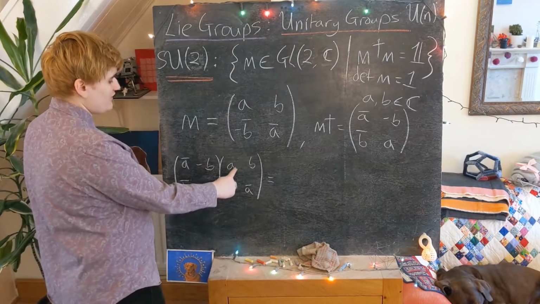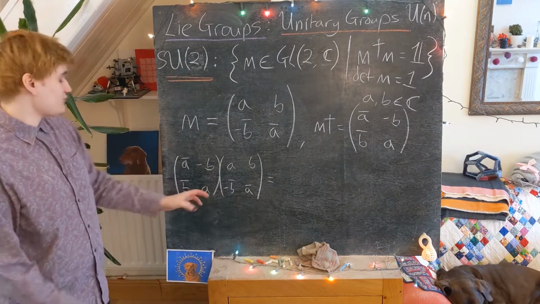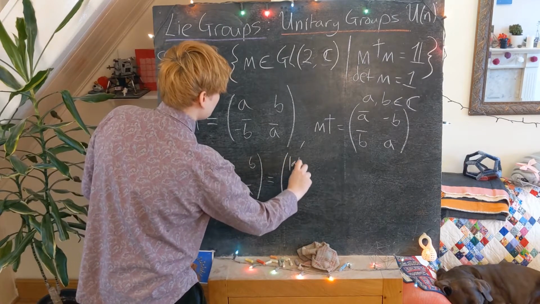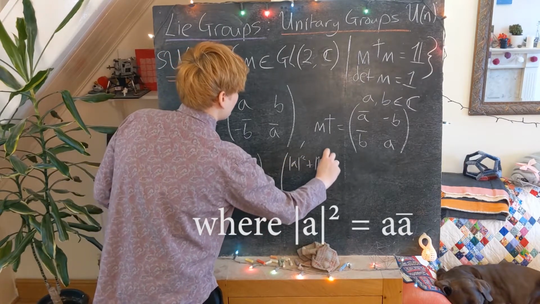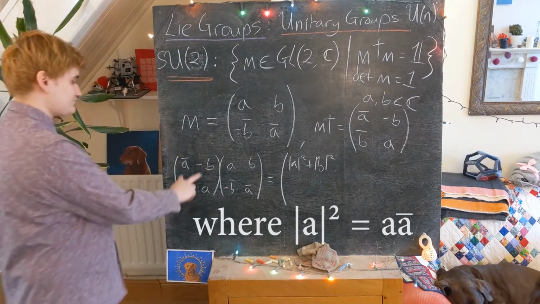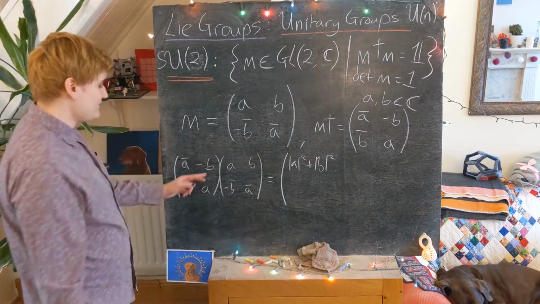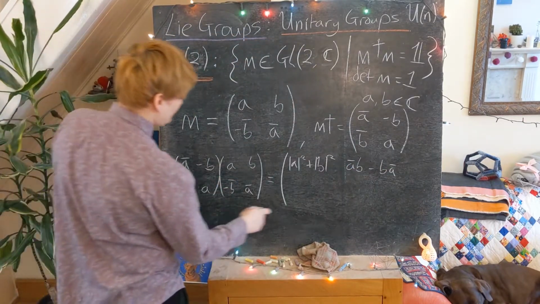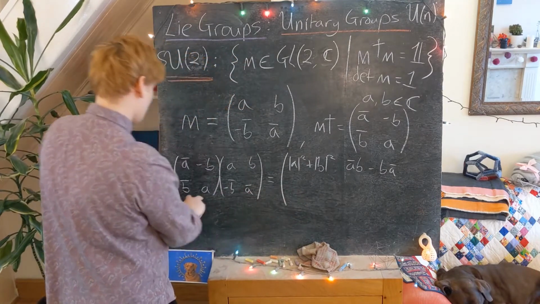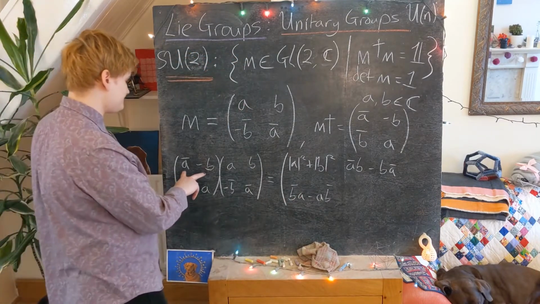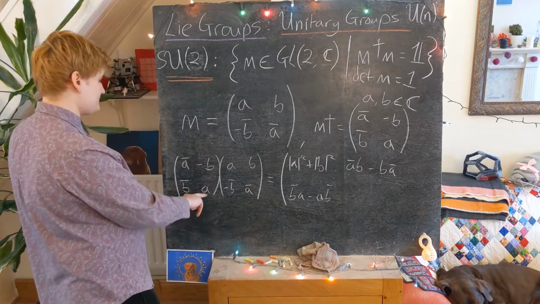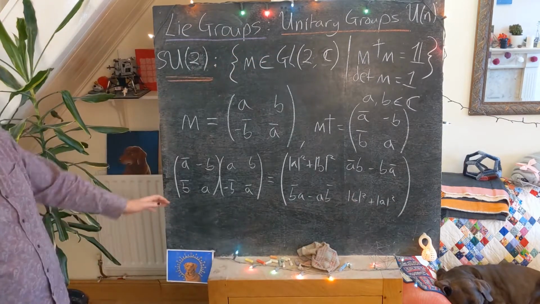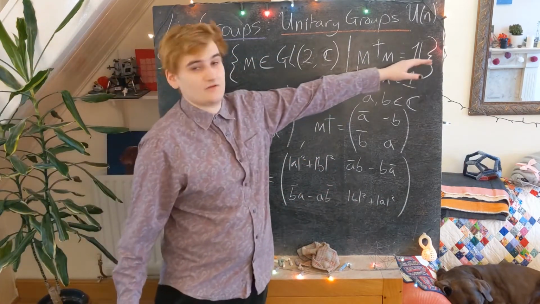Okay, so we're going to get A bar A plus B bar B, which is just mod A squared plus mod B squared. Now we're going to get A bar B minus B A bar. And then similarly down here, B bar A minus A B bar. And then again, the final column, we're going to have mod B squared plus mod A squared. And we know that this matrix now has to be equal to the identity.